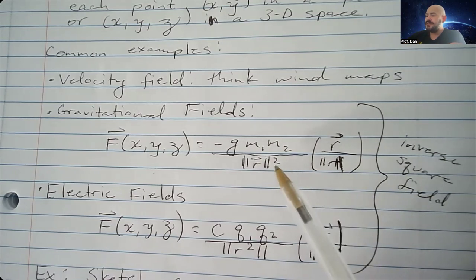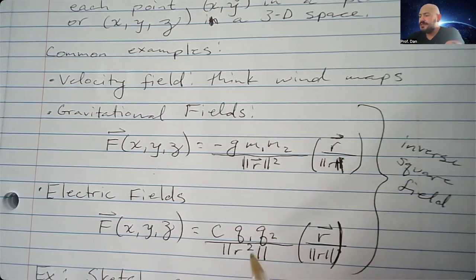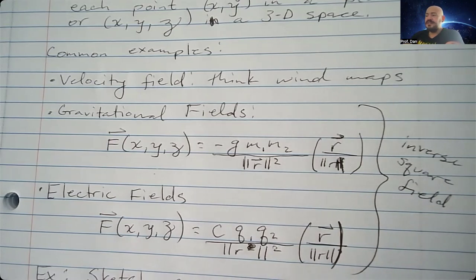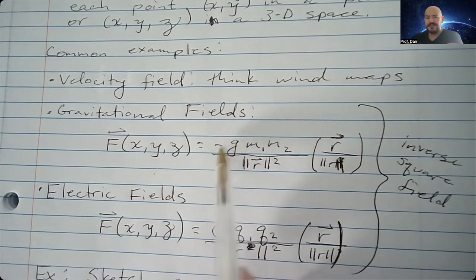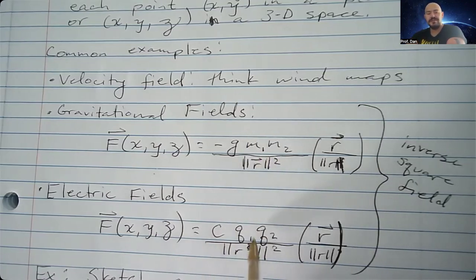And one thing that you'll notice about gravitational and electric fields, and maybe even see some memes about this, oh, that square should be outside, not inside. Yeah, is that these constants that we're multiplying the unit vector in the direction of r by look very similar to each other. You have some kind of constant multiplied by two quantities. For gravitational fields, that would be mass. For electric fields, it's charge.